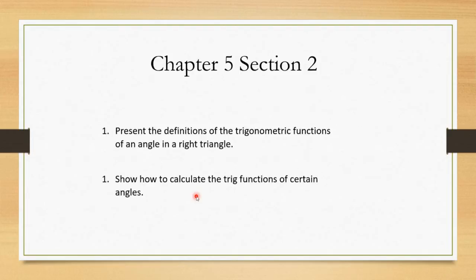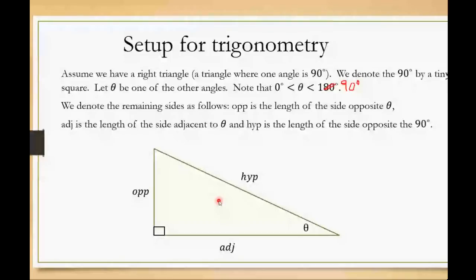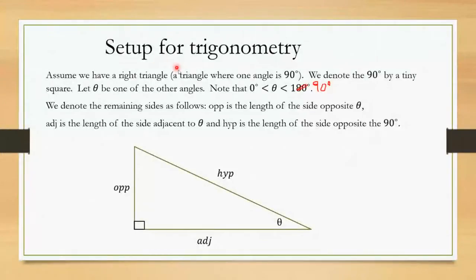All right. Well, let's get to this. To actually define the trig functions, we need this setup. So we have a right triangle. A right triangle, again, is a triangle where one of the angles is 90 degrees. That's just a definition.